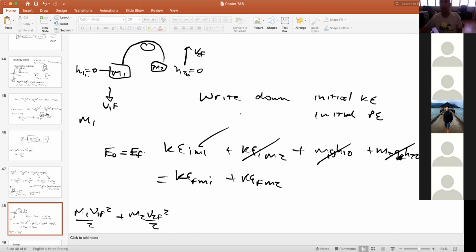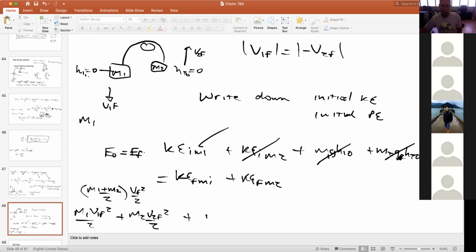The velocities are going to be equal but opposite, right? The absolute value of them is going to be the same, because they're connected by a rope that can't stretch. That means these two things are actually M1 plus M2 over 2 times V final squared.